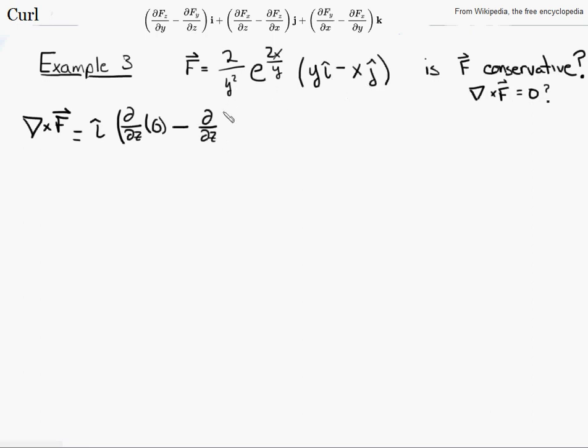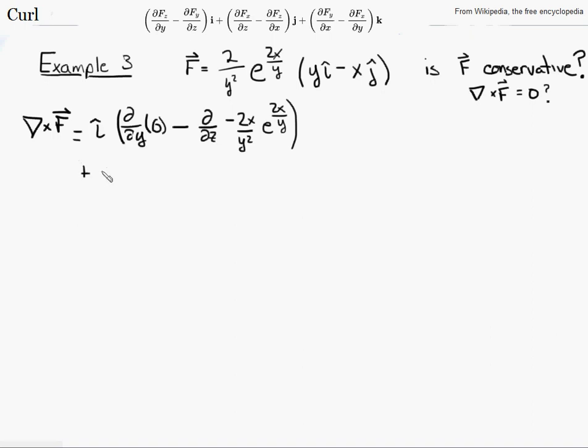There is a y thing here, so we have negative 2x over y squared e to the 2x over y. Fortunately, there's no z's here. I'm going to correct this mistake before I move any further, because this should be dy. But dy of 0 is 0. There's no z in here anywhere, so this is 0. So the i part is equal to 0.